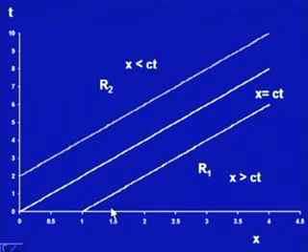What it says is that the characteristic line here originates from the x axis, and in region R 2, x minus c t would be negative, so the characteristic line originates from the t axis.